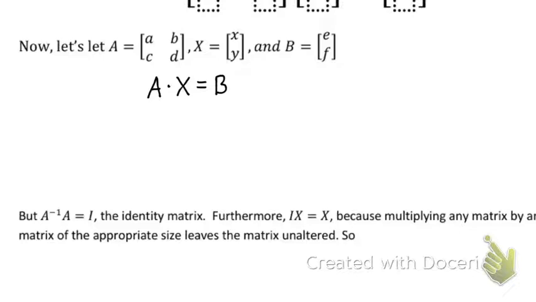Well, we learned yesterday that we can multiply a matrix by its inverse. So our next step is actually to multiply both sides by the inverse of this matrix. So I will then have A inverse times A equals, I'm going to make a mistake.